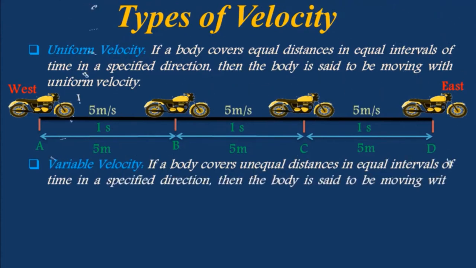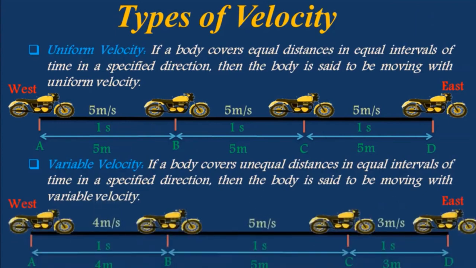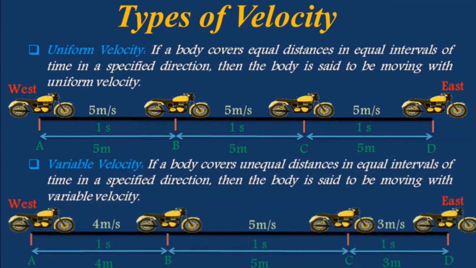Look here, this bike is moving with 4 meters per second in the first second, it travelled 5 meters in the second, and it travelled 3 meters in the third second, from west to east, direction is there.